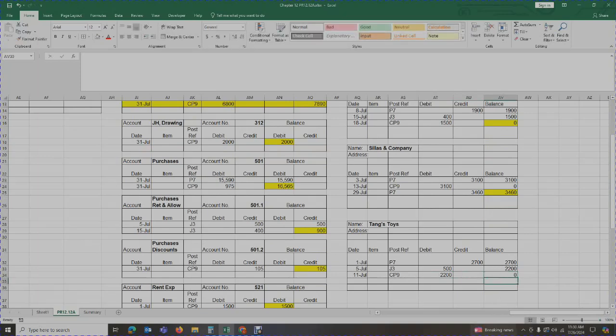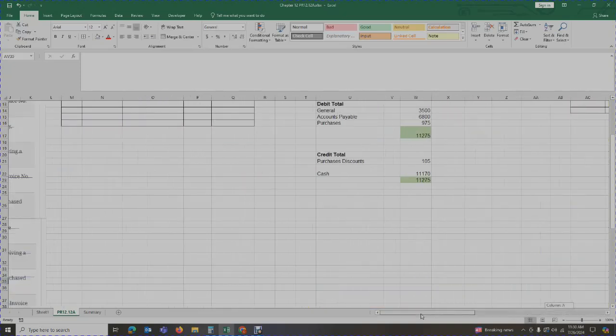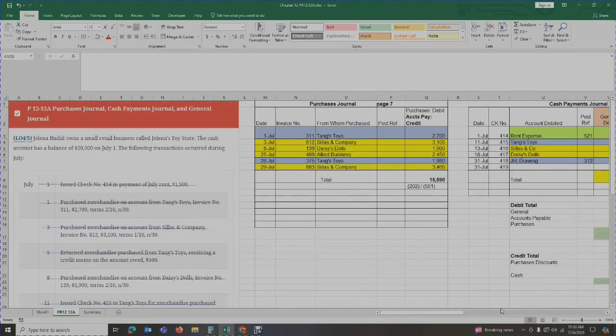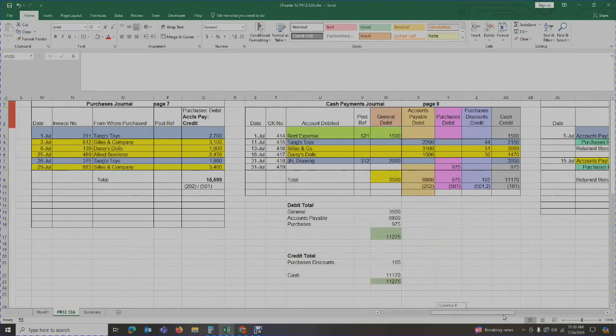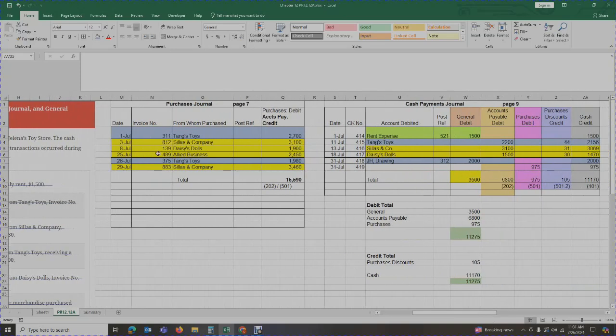And then I'm going to go back. We have one more thing that we need to record, which is Tanks Toys, that purchase of $1,980 on July the 26th. Okay.